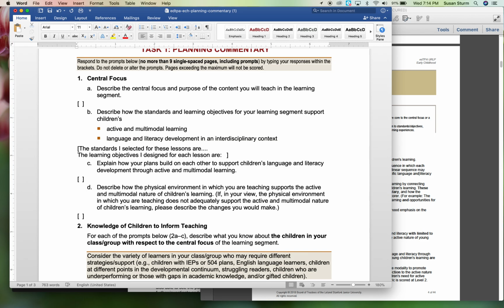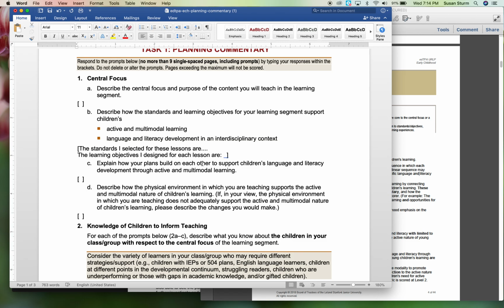Then you need to start talking across the different things across your lessons and how your standards and objectives support your students' development in these two areas.